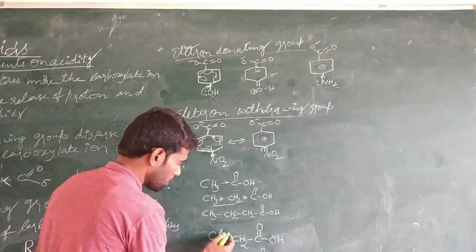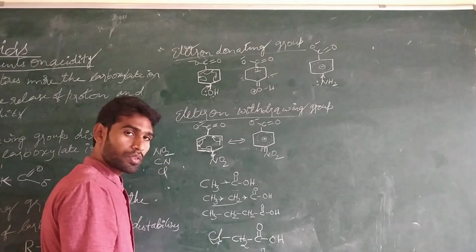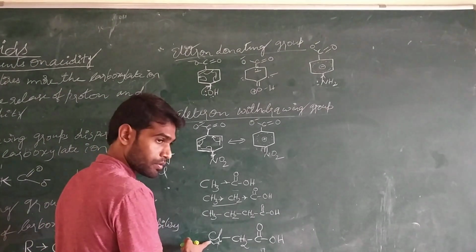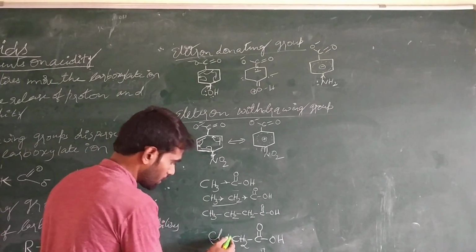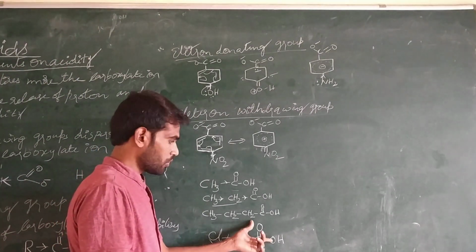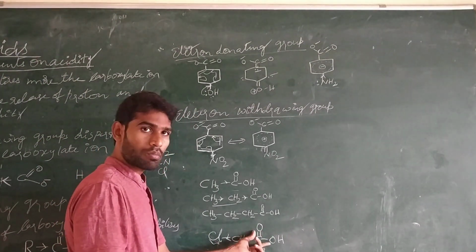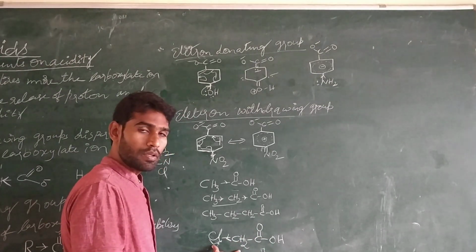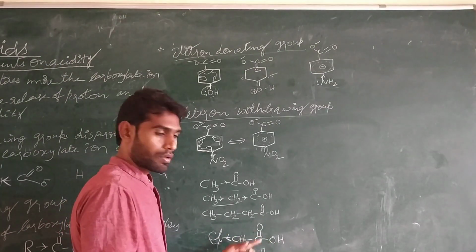It is an electron withdrawing functional group, and it attracts electrons and decreases the electron density on the carboxylate ion, and it stabilizes the carboxylate, and they are increasing the acid strength of carboxylic acid.